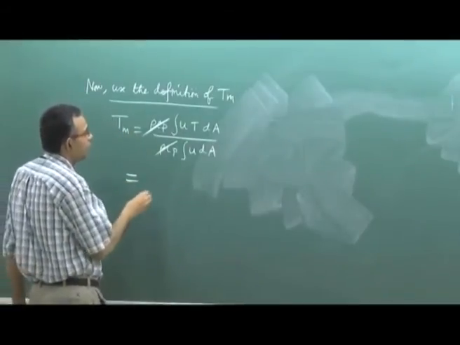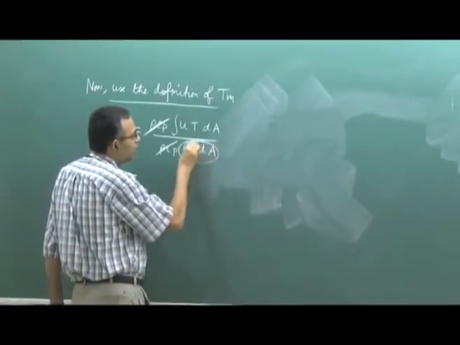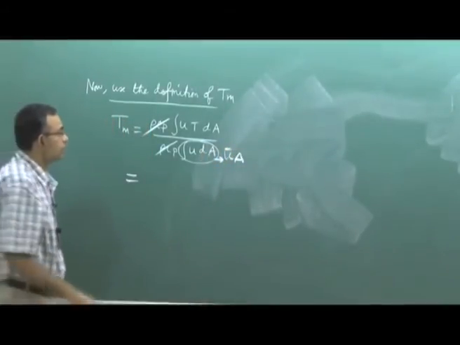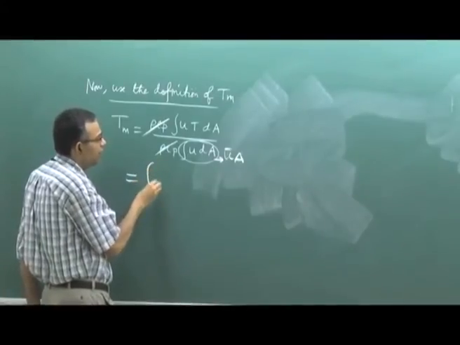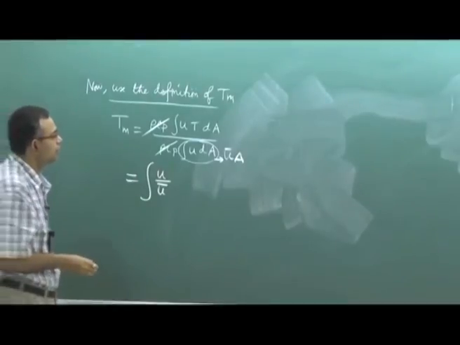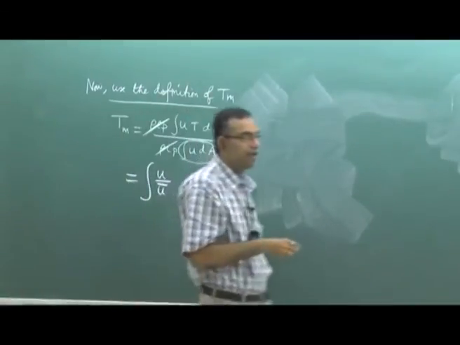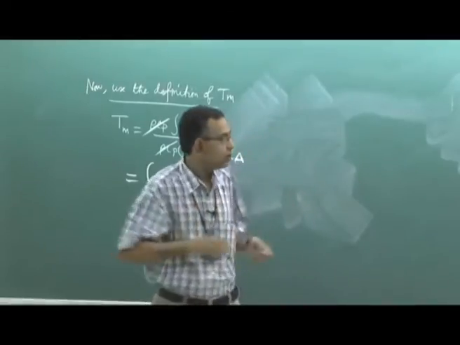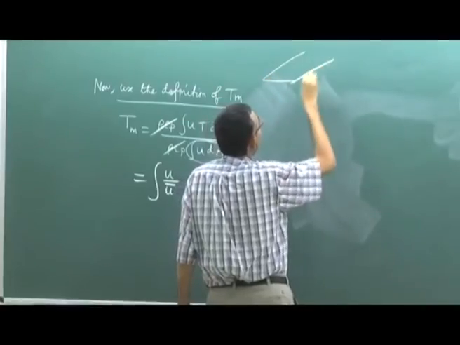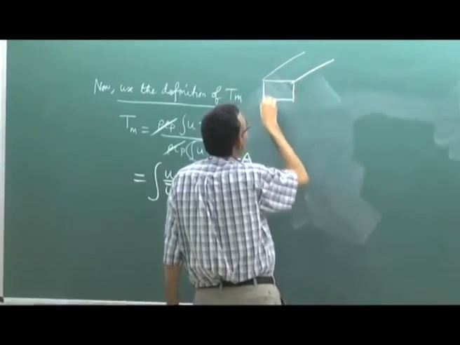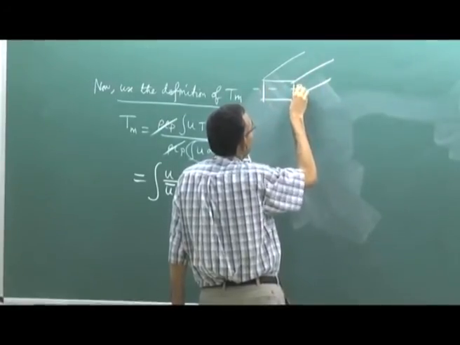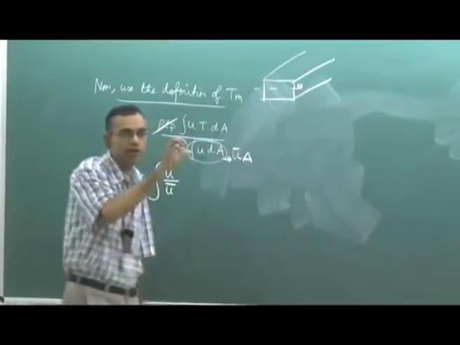So we can write the integral of u dA, that is u average into A. So we have integral of u by u average. What is dA? If you have a parallel plate channel like this, at a distance y you take a small strip of width dy.